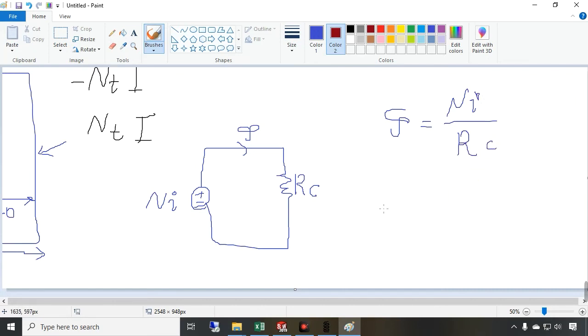And you know that the reluctance of the core is 1 divided by mu, times L divided by A. L is the mean length path of the flux tubes that I will show you.